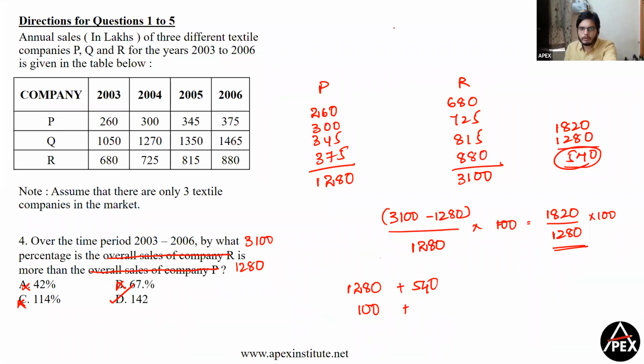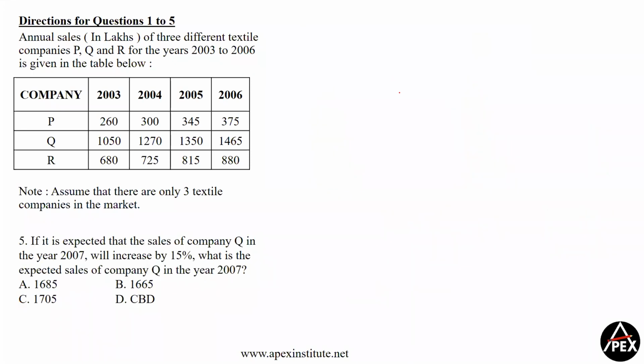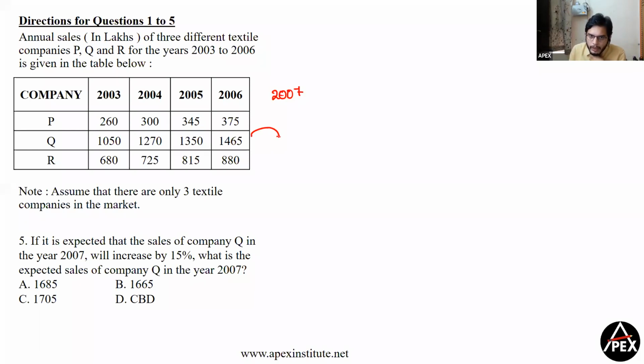Yes, can I move to next question, guys? Quick responses. Yeah, so last question of this set. If it is expected that the sales of company Q in the year 2007, so there is a projection that in 2007, the sales of company Q will increase by 15%. So what is the expected sales of company Q in that year 2007?